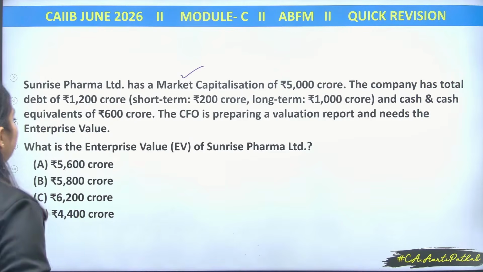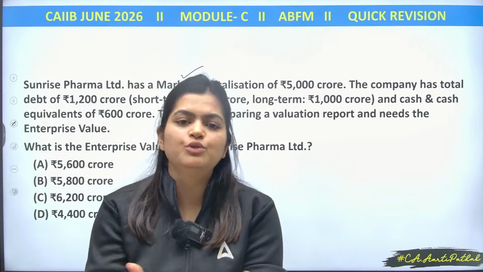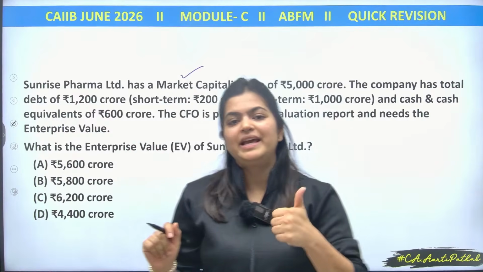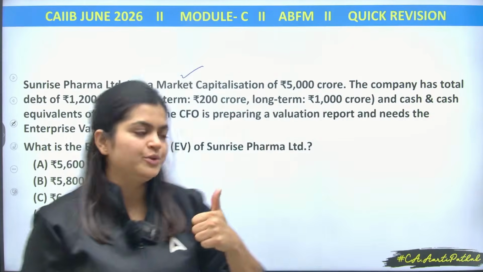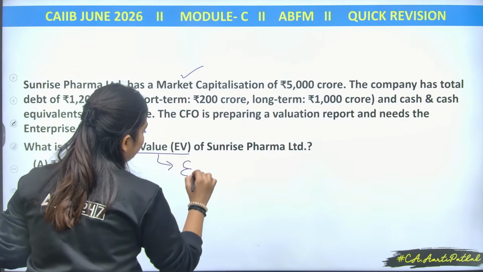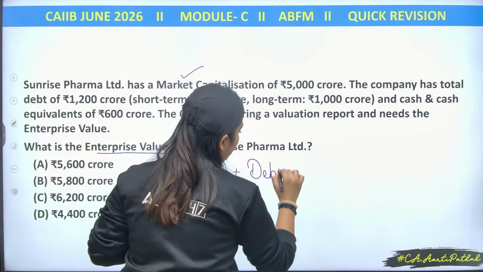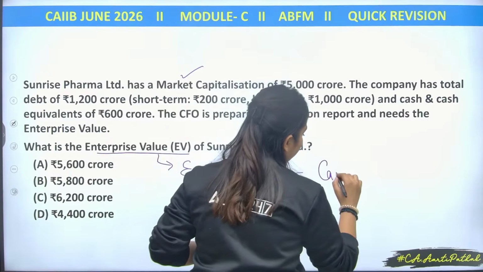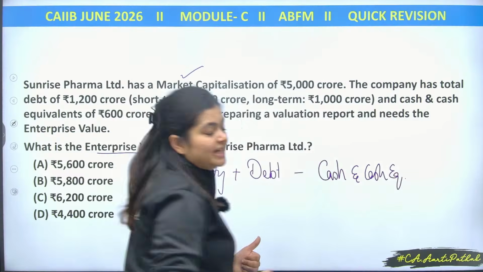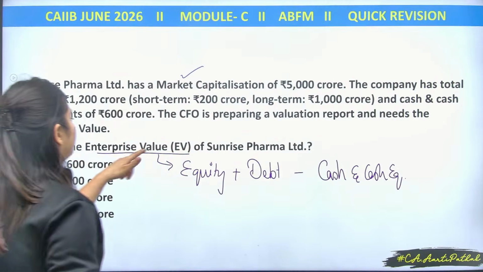Now, what is the meaning of enterprise valuation? Enterprise valuation means total value of your company. When we talk about enterprise valuation, here we will be adding all your equity valuation. Okay, let me write over here. First, we will be adding equity valuation plus debt valuation minus, if you have any cash and cash equivalent value, just subtract it. Yes, so we require three different factors for calculation of enterprise value.